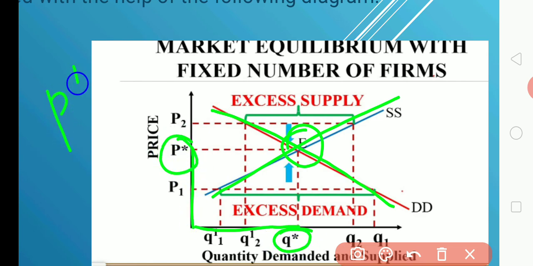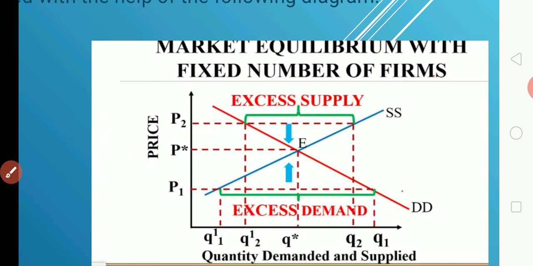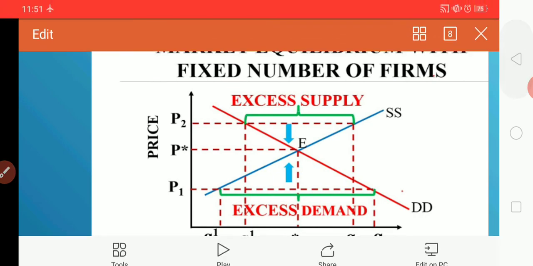So at P star and Q star, the market is in equilibrium, where we say QD is equal to QS. Got it? So this is the concept all about the market equilibrium under the fixed number of firms. How is the market equilibrium achieved? Through a simple concept. If you have any doubt, you can call me.